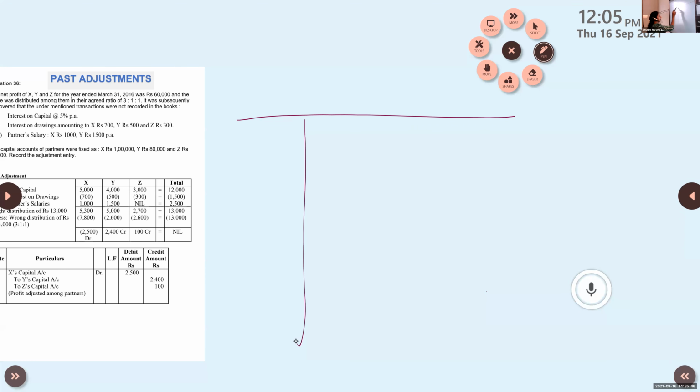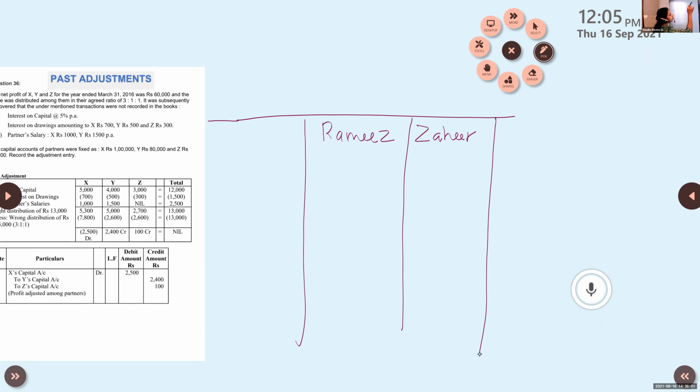First one is for giving the details. Second one is for Ramesh, and third one, Zahir. And you can also provide a column for total. It's all optional, but still total.